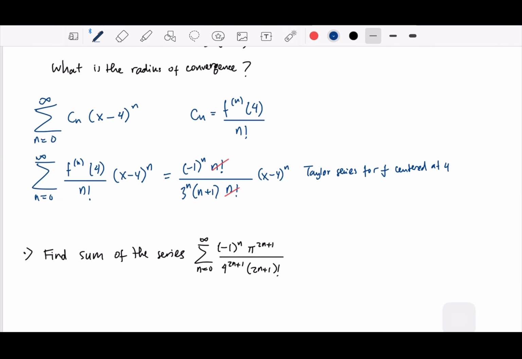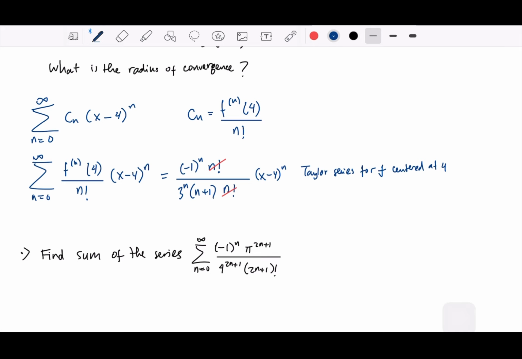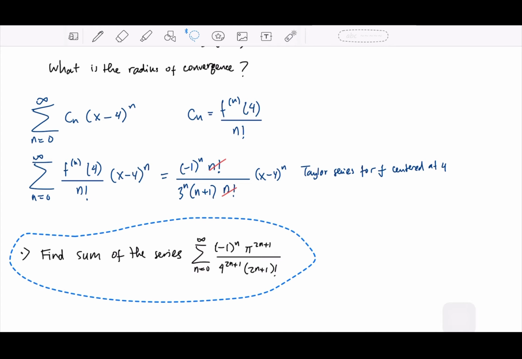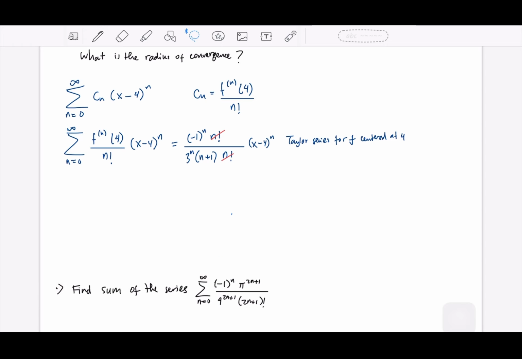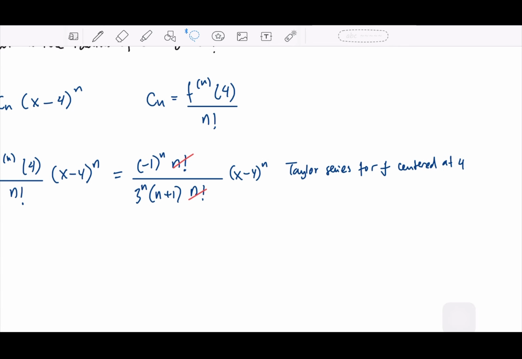Okay, so that's the first question, and then we need to find the radius of convergence, which we can build from this equation. We take the ratio test, and then we simplify the form and take the limit.